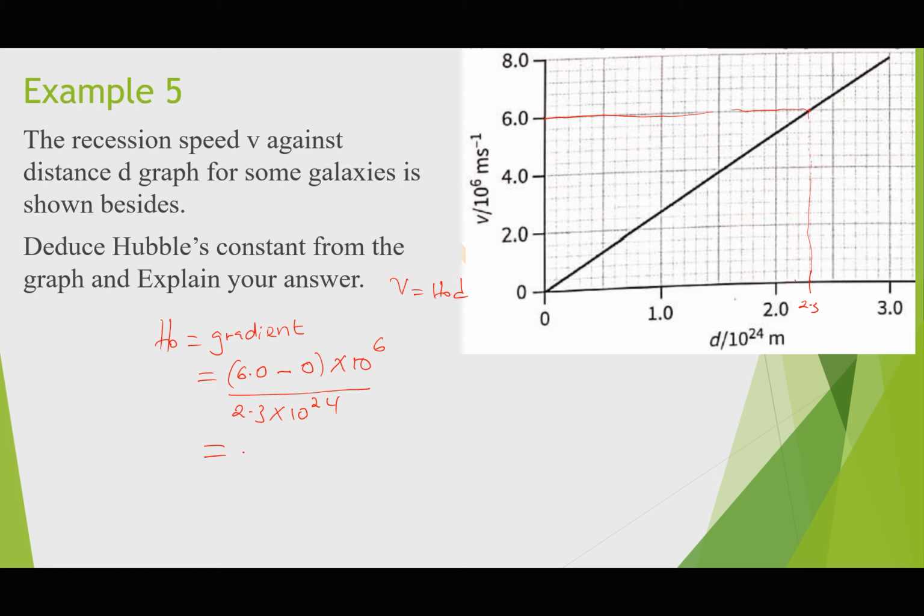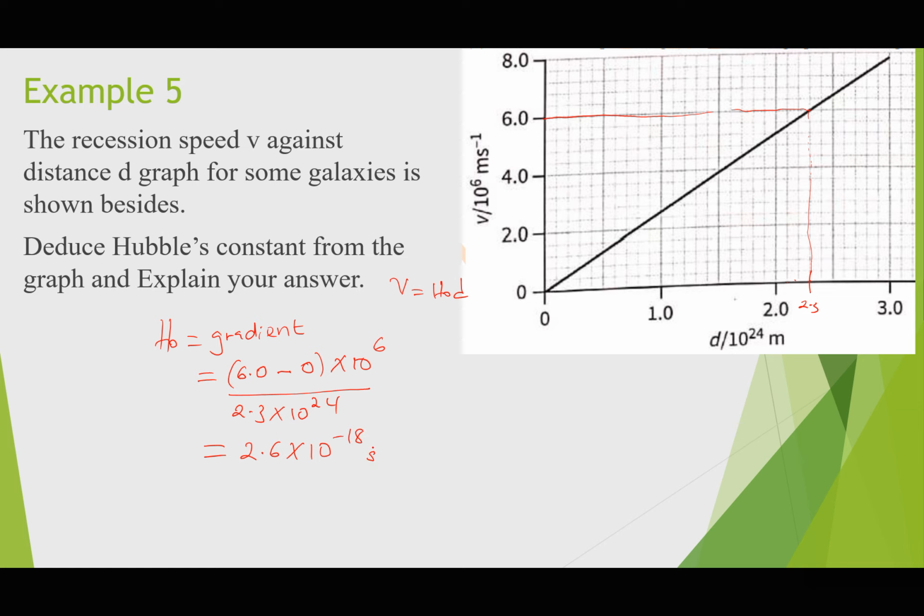So just press my calculator. 6 exponent 6 divided by 2.3 exponent 24. So I am getting 2.6 times 10 to the power of minus 18.